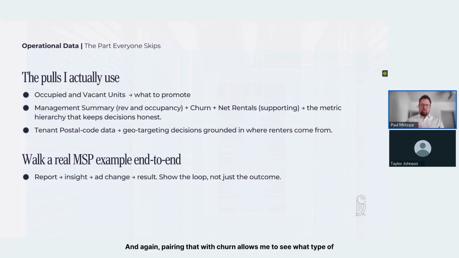And again, pairing that with churn allows me to see what type of monthly turnover to expect so we know how much money needs to be invested in recapturing new customers. So this is a metric hierarchy that allows me to keep those decisions honest. It's not just impressions and website lands, but again, looking at the actual operational health and where marketing needs to fill that gap.